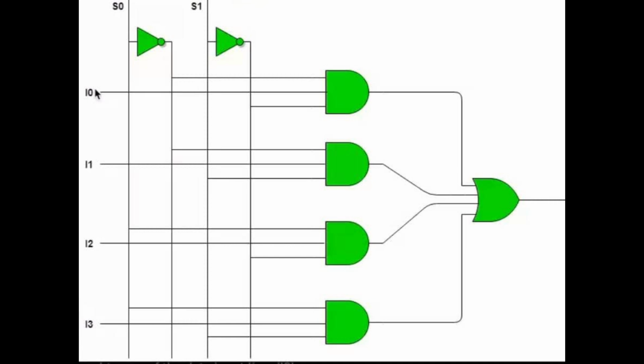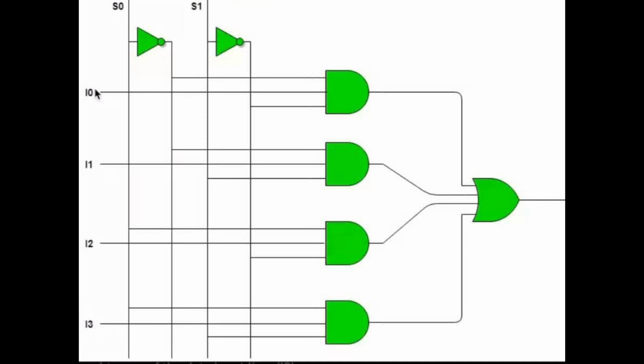If S1 is 0 and S0 is 1, the output will be I1. If S1 is 1 and S0 is 0, the output will be I2. If both S1 and S0 are 1, the output will be I3.